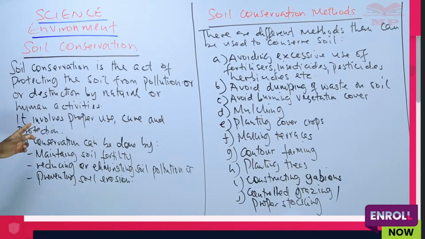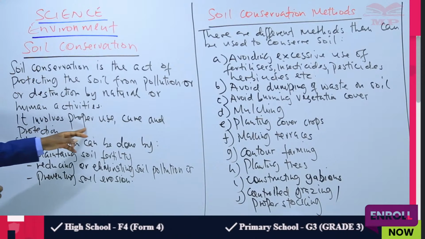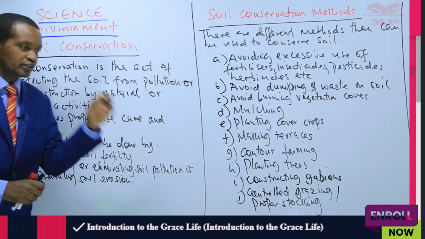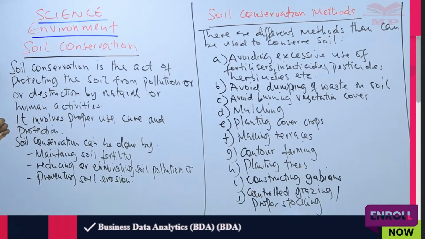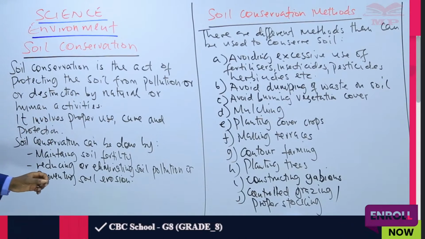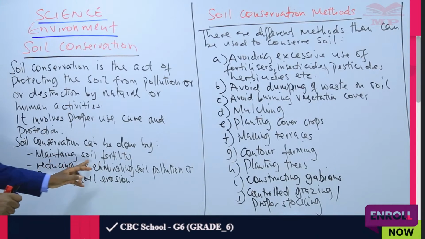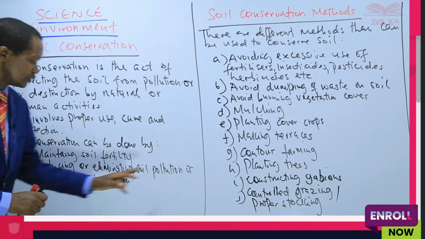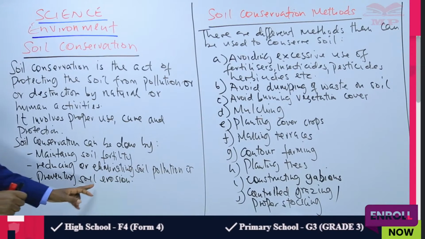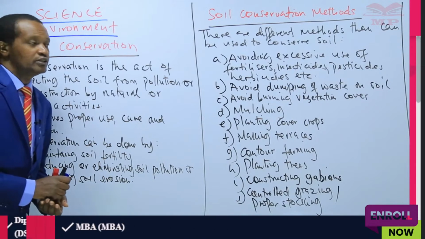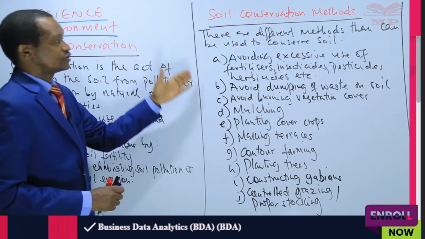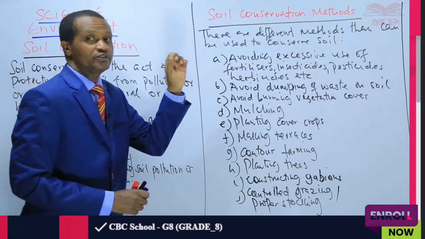We've said that soil conservation involves proper use, care, and protection of soil. And we said it can be done by maintaining soil fertility, reducing or eliminating soil pollution, or preventing soil erosion. Then we have listed the various methods that can be used to conserve soil.